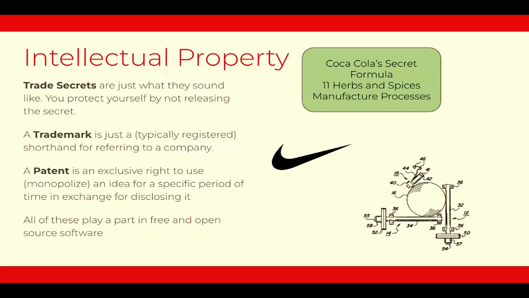Patent, well, that's the exclusive. So there was a question about monopolies in the last session. A patent is essentially a legal monopoly. If you reveal your idea and you give details so other people can replicate it, then various governments, including the US government, European Union, et cetera, will give you an exclusive right to use that idea for a period of time, with the understanding that after that period of time, you've given away the secret and anybody else can fast follow.